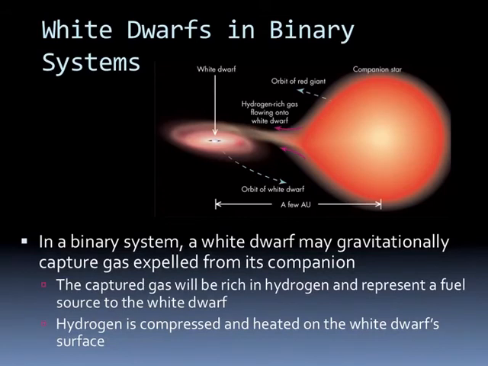Now, what if a white dwarf was in a binary system? There, a white dwarf may gravitationally capture gas expelled from its companion. Remember, any star has a solar wind, gives off material, and that material is going to be sucked in and spiral down into the white dwarf. So hydrogen is compressed and heated on the surface of this white dwarf.